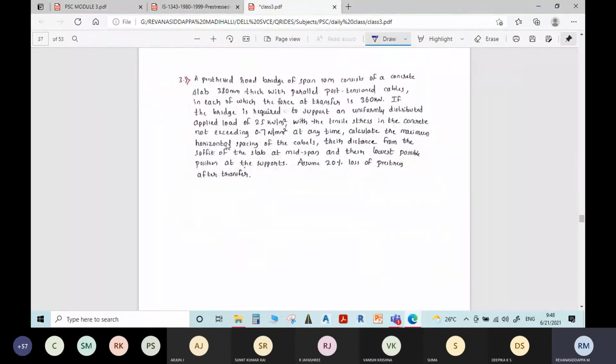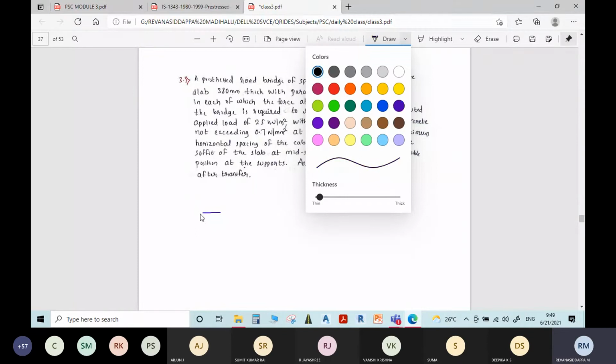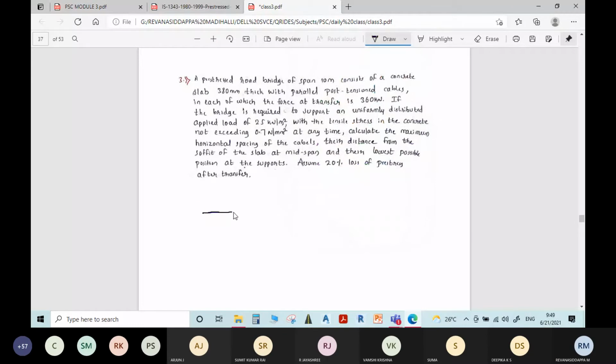See here, I'll draw a diagram for your understanding. If you want, you can write at the side. A pre-stressed concrete road bridge of span 10 meter. Okay, this is the bridge. This is the span of the bridge.